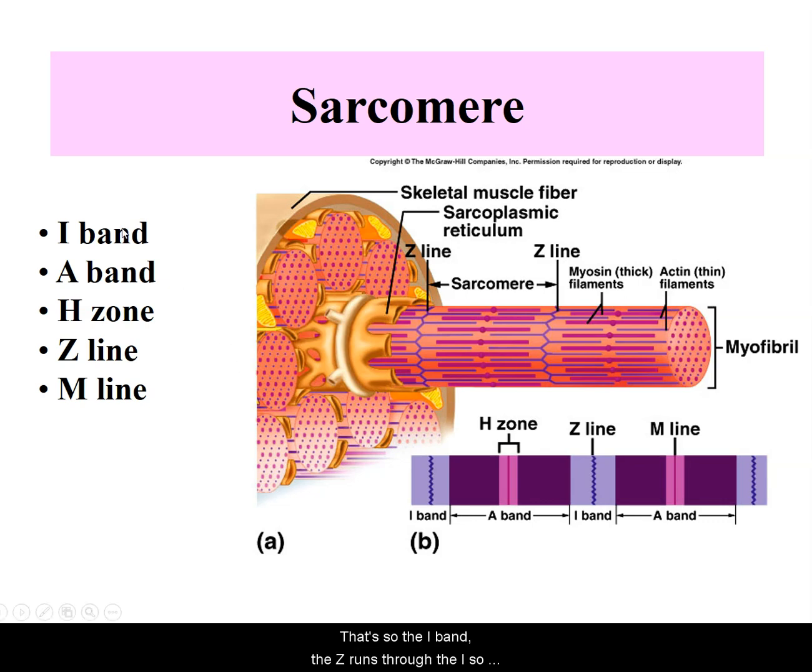All right, so the I band, the Z runs through the I. So attached to the Z line or Z disc, some books call it a Z disc because it is disc shaped, is the thin protein filament actin. This is the thick protein filament myosin. So attached to the Z is an actin. There's another actin, the thin protein filament actin.